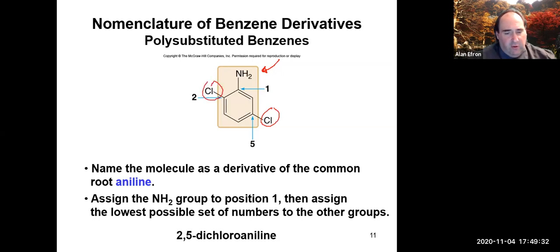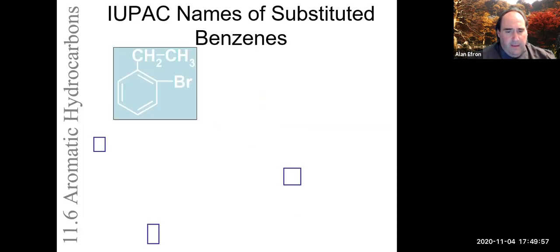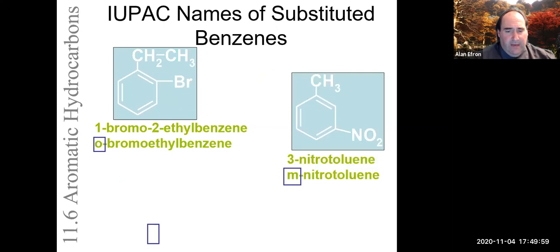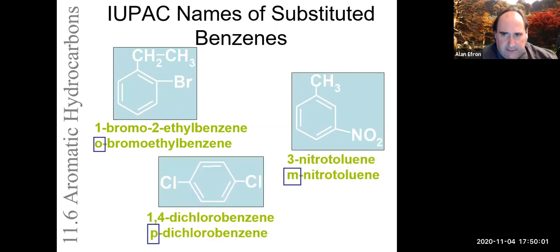We have our dichloro there, so 2,5-dichloro-aniline, this being carbon number 1 and coming around 2 and 3, coming this way gives us a 1 and 2 versus a 1, 2, and 3. Again, bigger numbers going this way. So we would want to go counterclockwise in this particular case. So let's see how we get to these names here, just to make sure.